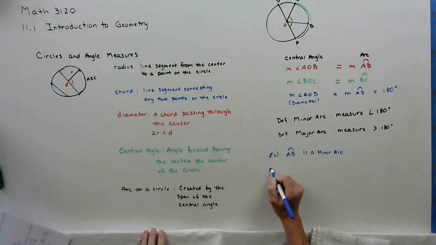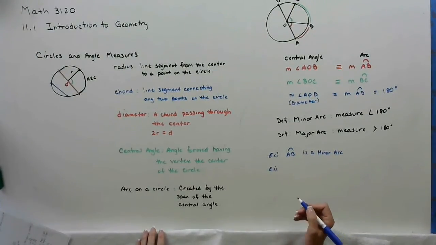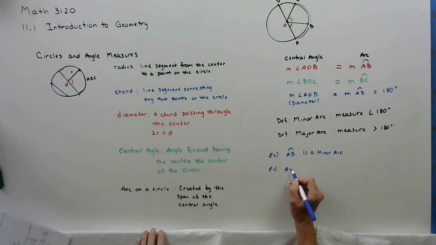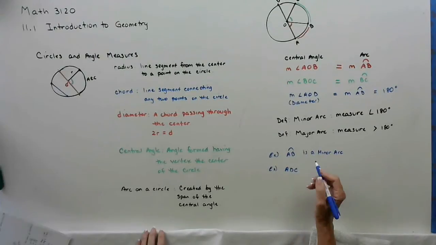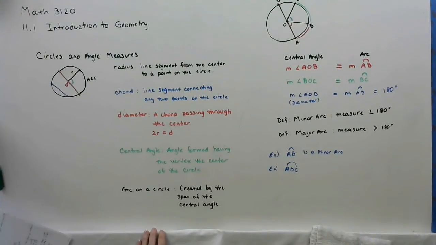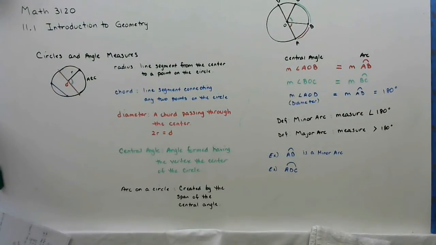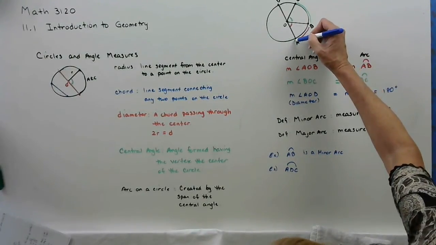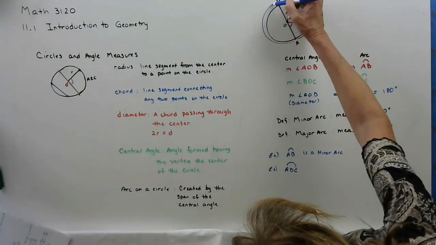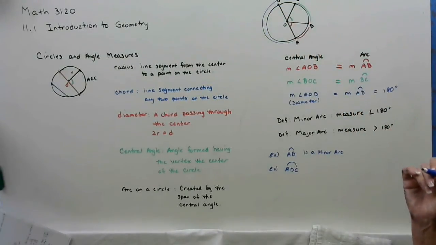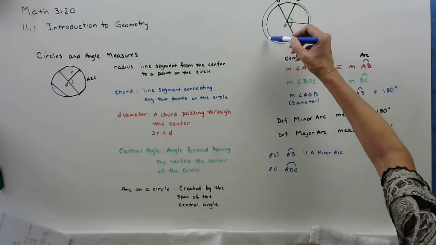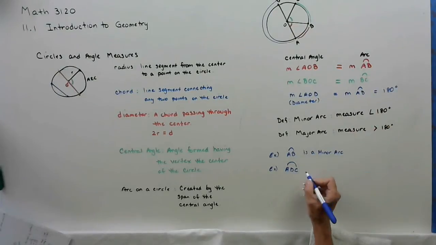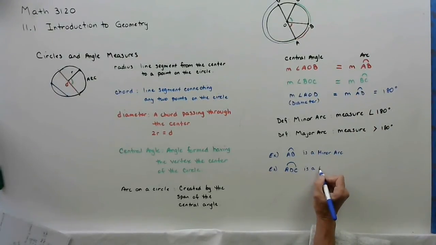But notice the way I'm going to write this one. I'm going to tell you to go from A to D and stop at C. So it's still an arc, A, D, C. That indicates I've got to go from A all the way around to D and then get to C. Since I have gone more than halfway across, more than 180 degrees, this would be a major arc.